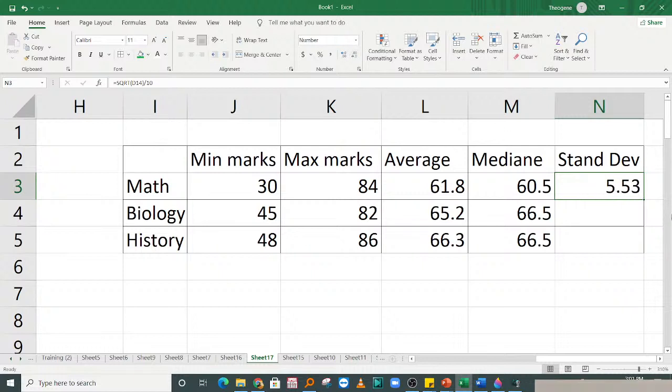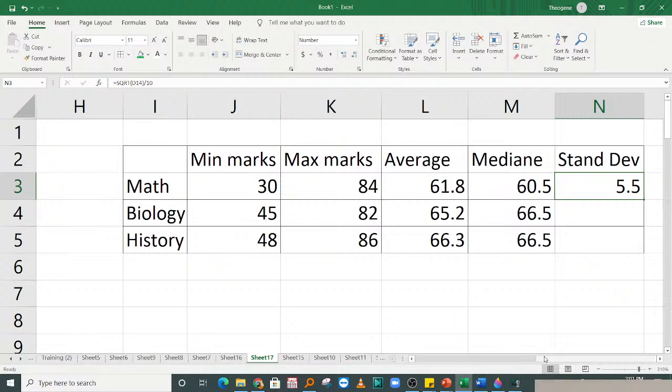So this means one student deviates around 5.5 from the mean. If you look at the mean, it is 61.8.